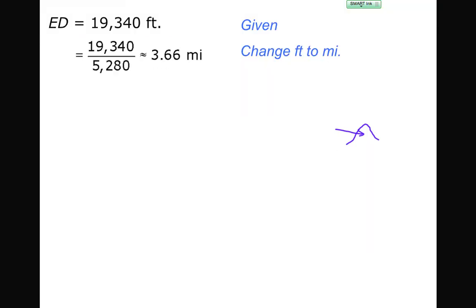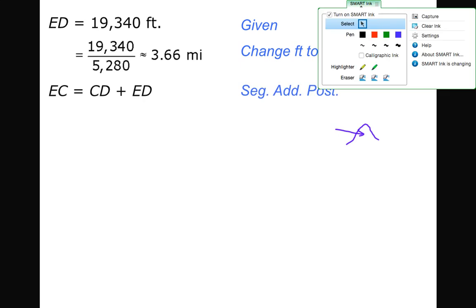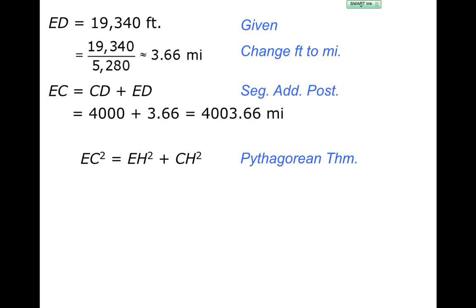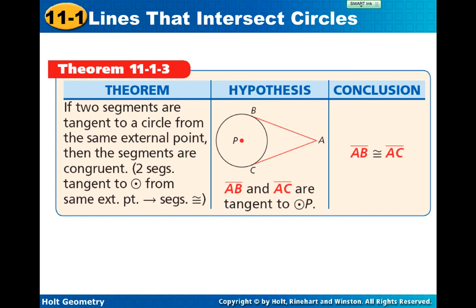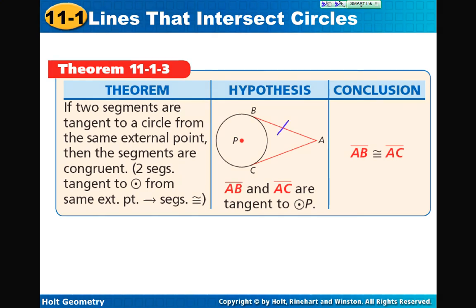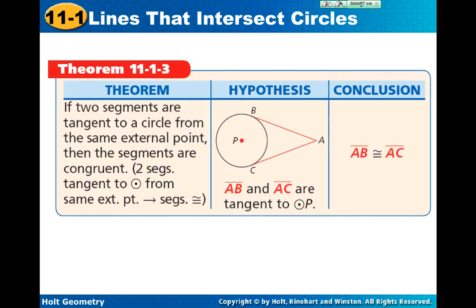All right, the last theorem is a simple one, and that was the second investigation you did. If you have two tangents, these two segments, those tangent segments will always be congruent. So your hypothesis picture, got a circle with two tangents, and the two tangents meet at a point outside the circle.